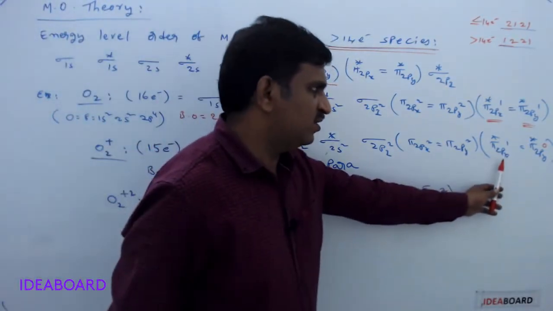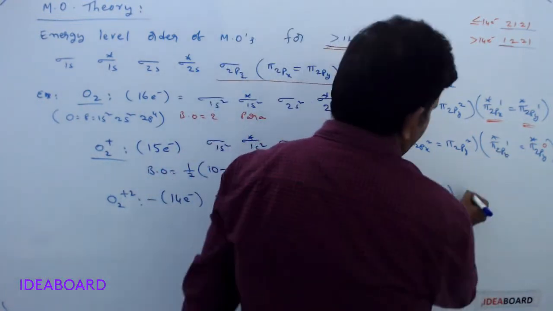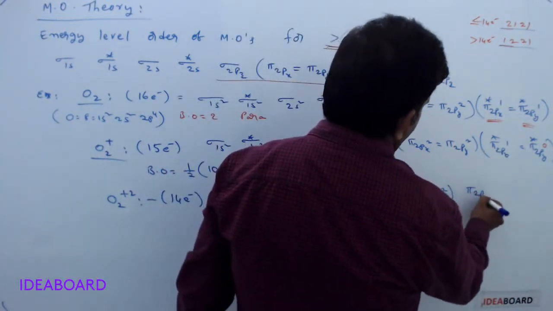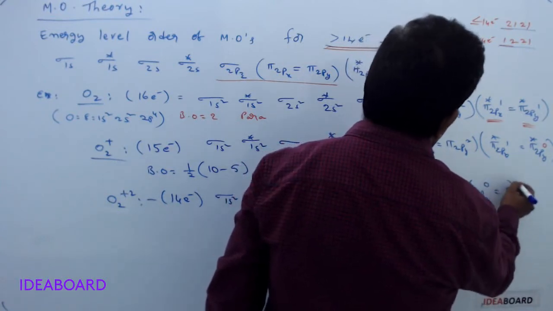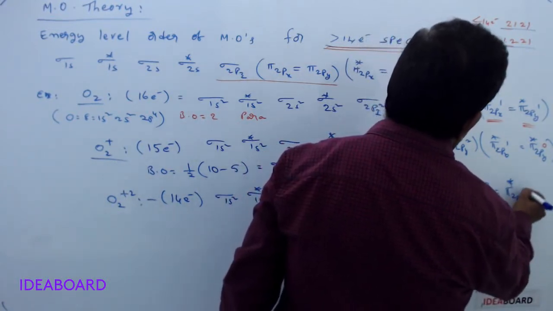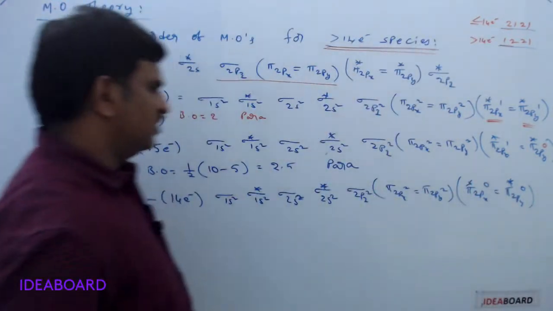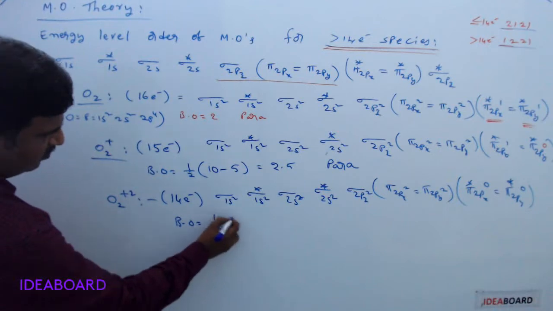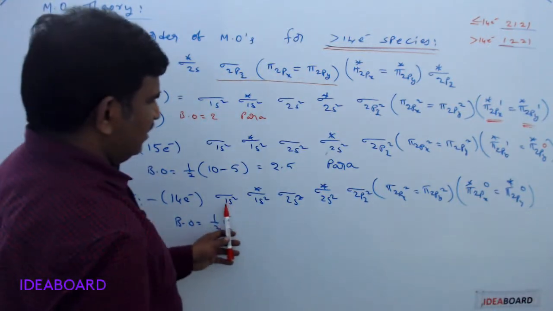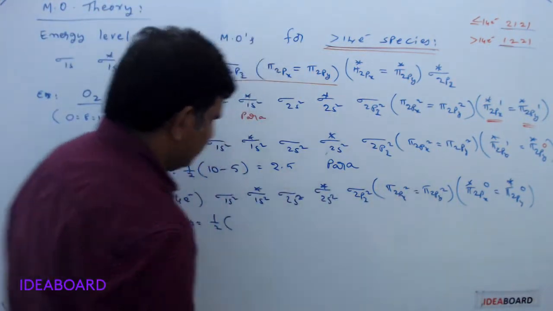It is not having electrons in the pi star, so no need to write. Even if you write it, it will be pi star 2px0 is equal to pi star 2py0.